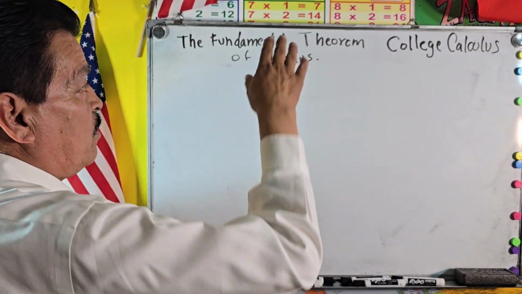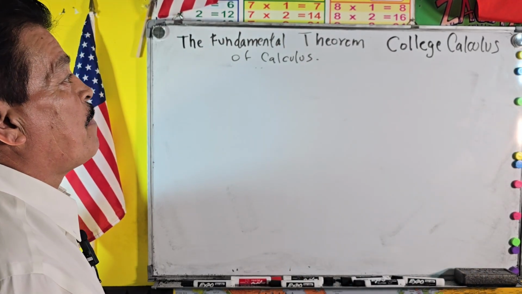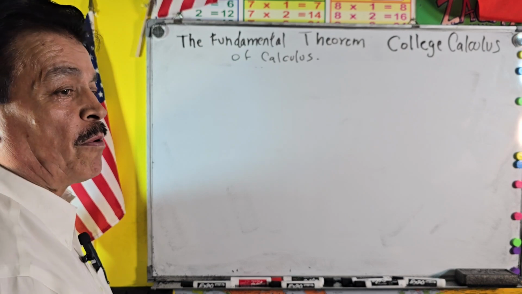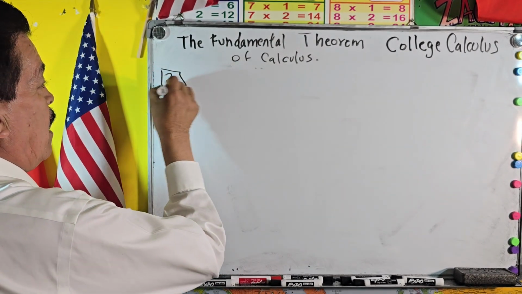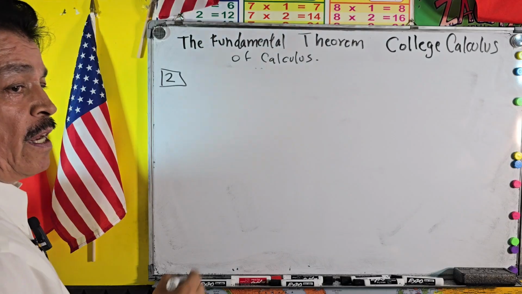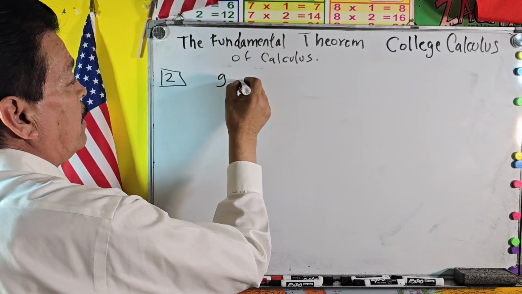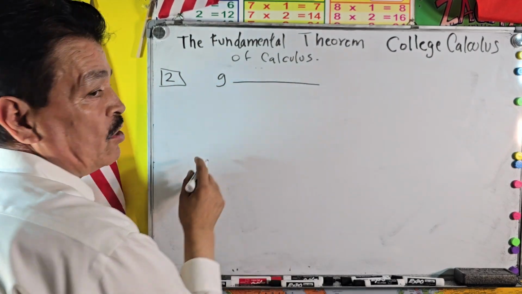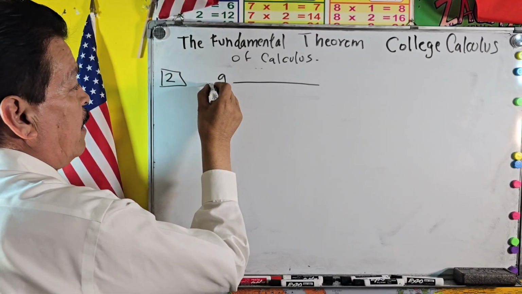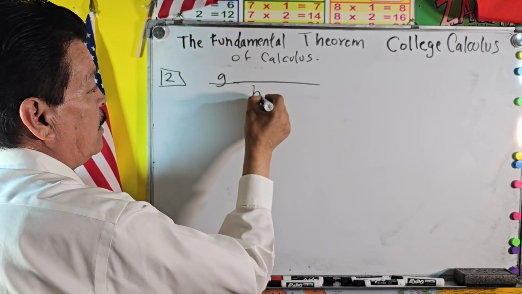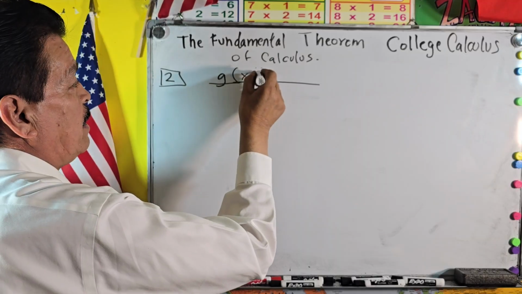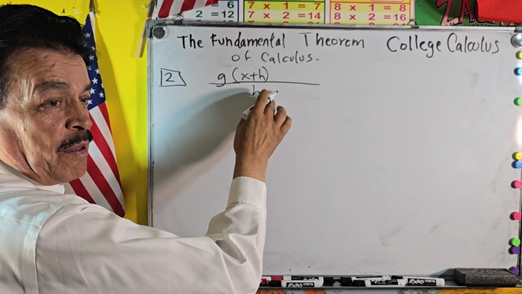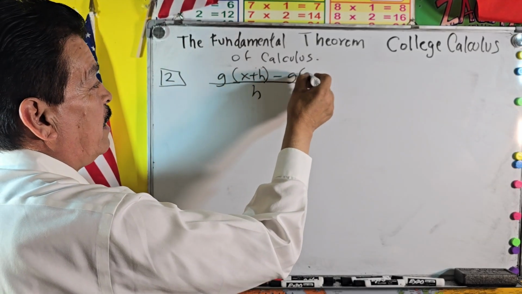After explaining the whole process of the theorem, I will show you a couple of problems. No worry. Okay, so number 2. In number 2, we have 1 divided by h, and then the integral from x to x plus h of f of t differential of t. Maybe you remember this little formula.